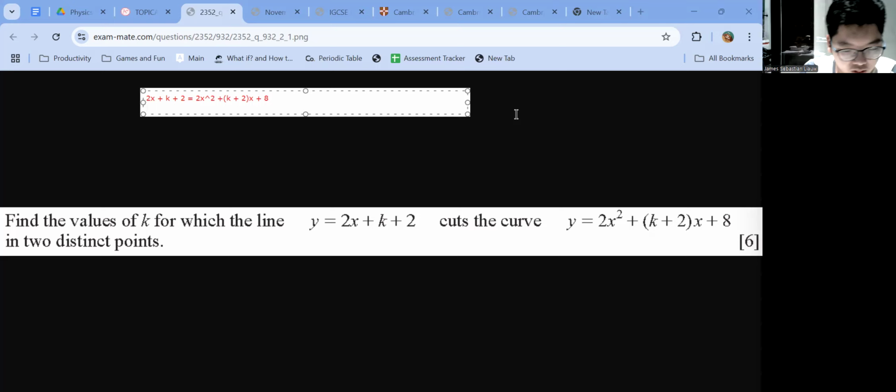And now, what we're going to do is move everything to the other side so that we have one equation, the other side 0, in terms of x and the constant k.